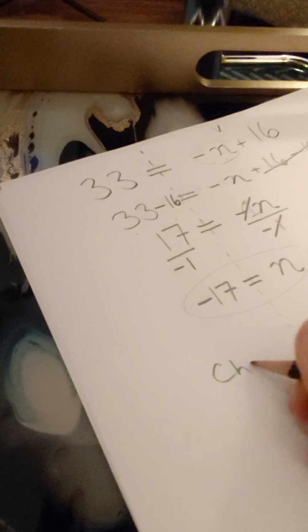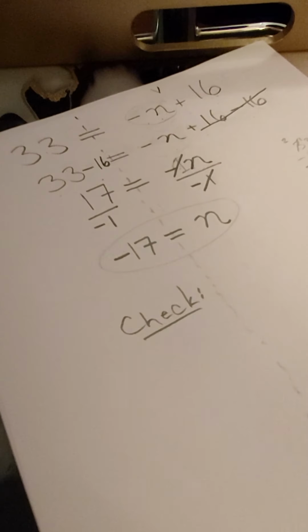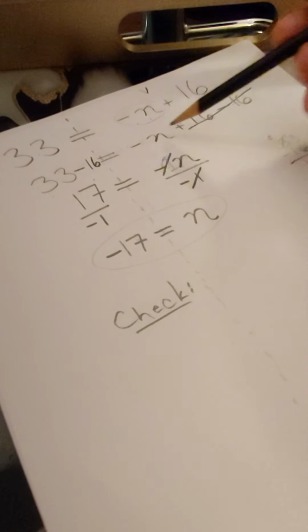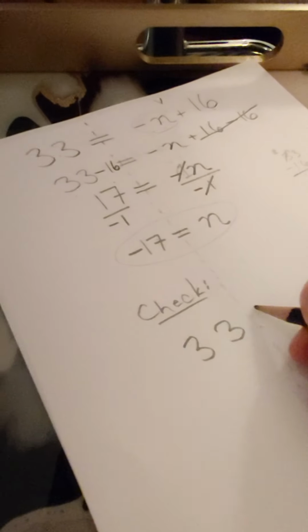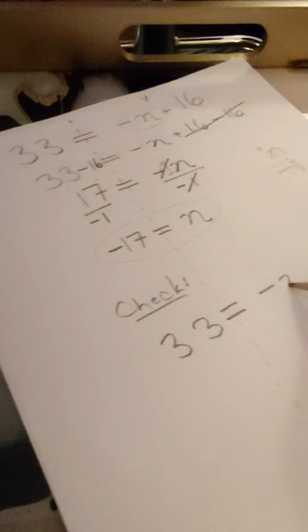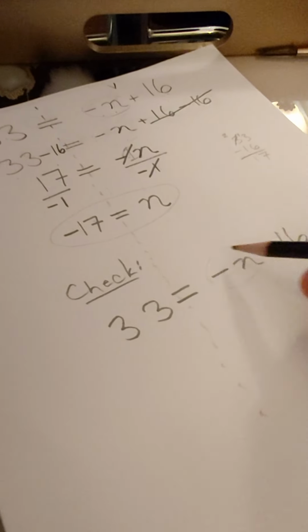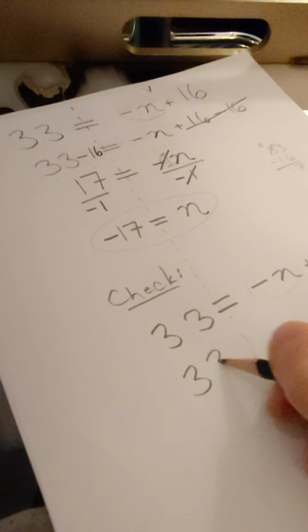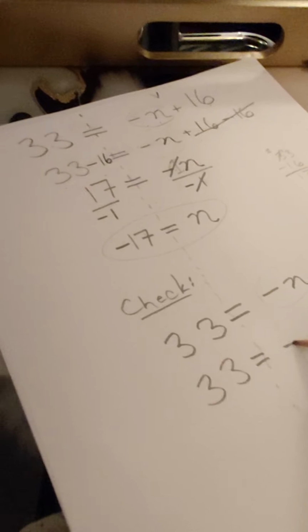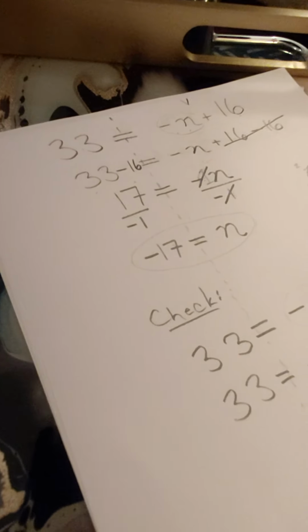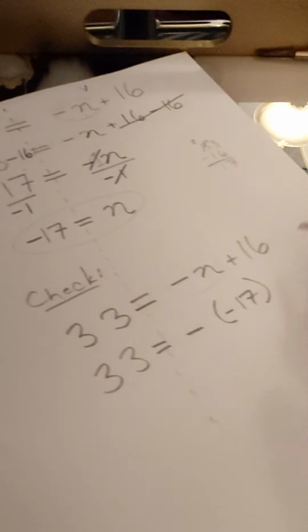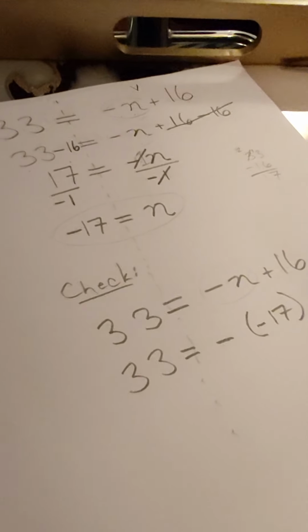The only way to prove this is to check by putting that answer, negative 17, back into the original equation. So 33 equals negative n plus 16. Now I'm going to substitute my answer into here. 33 equals negative 17 plus 16.